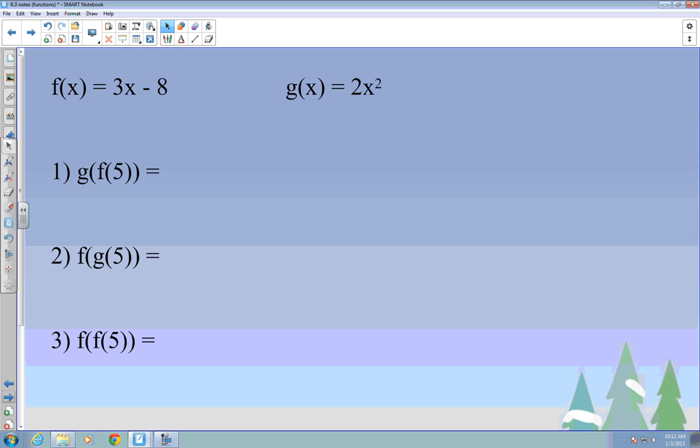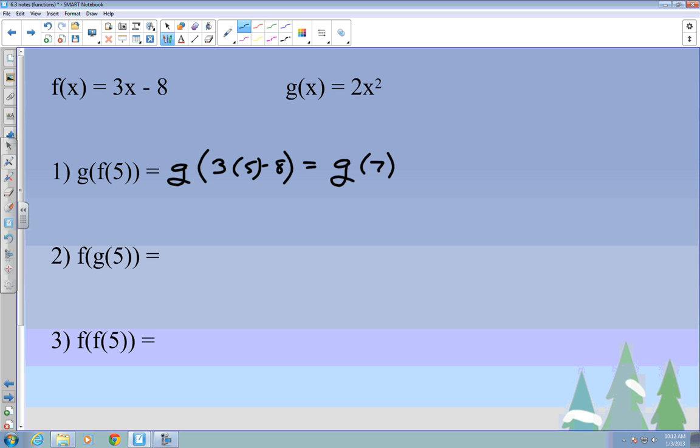Okay, we're going to answer on that first one. Let's try it. F of 5 is going to be 3 times 5 minus 8. So that's going to be 7. So we get G of 7.